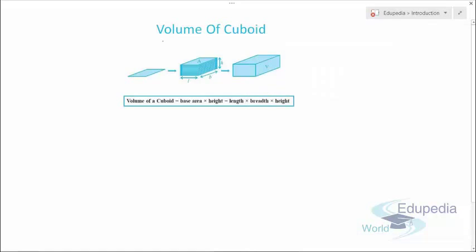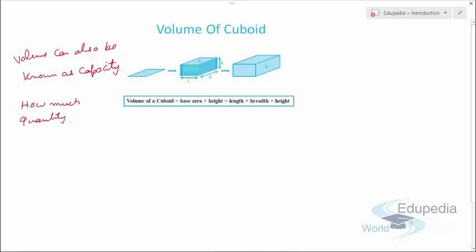So before discussing the volume of cuboid or cube, we need to know what volume actually is. Volume can also be known as capacity, right? Now what is capacity? Capacity is how much quantity any container or vessel can hold.